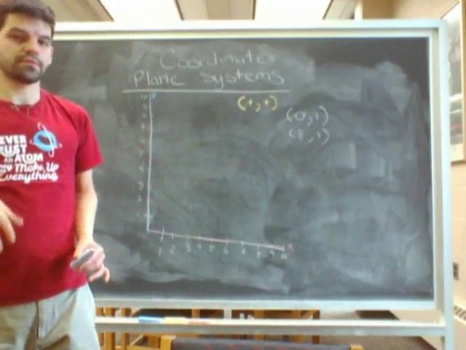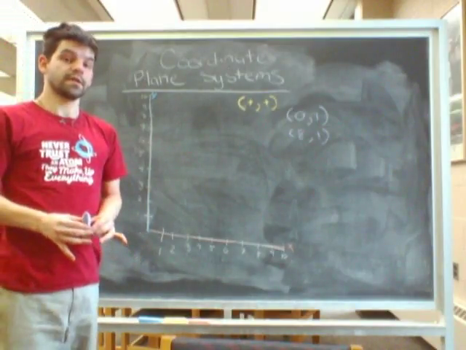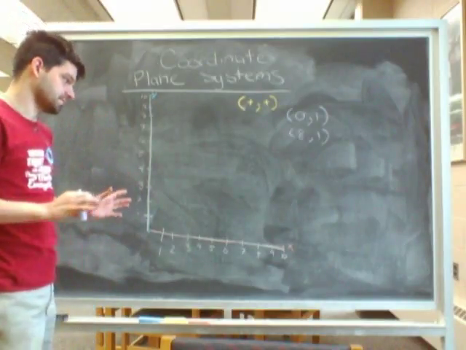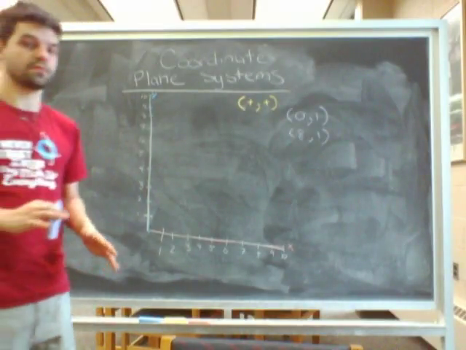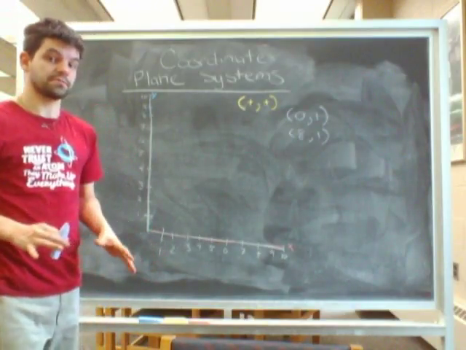Now, there is a formula for distance that we can use, but for right now, since we're going to notice that the lines are completely either vertical or horizontal, we can do a simple subtraction instead of having to use the formula.